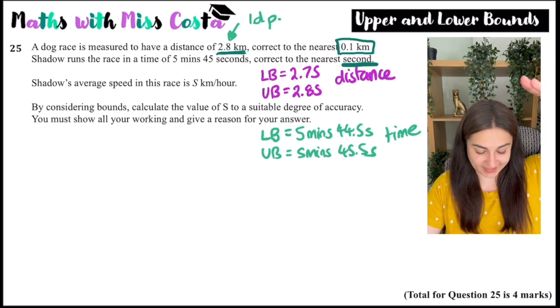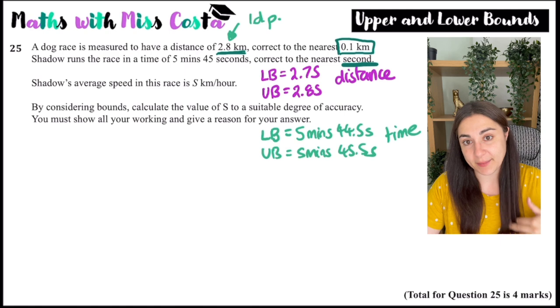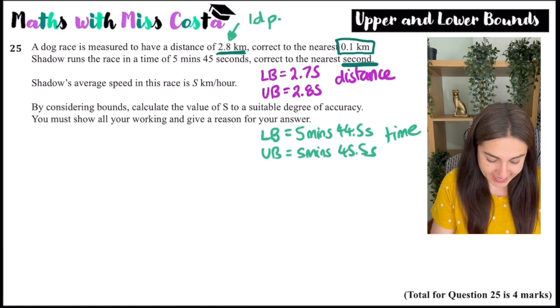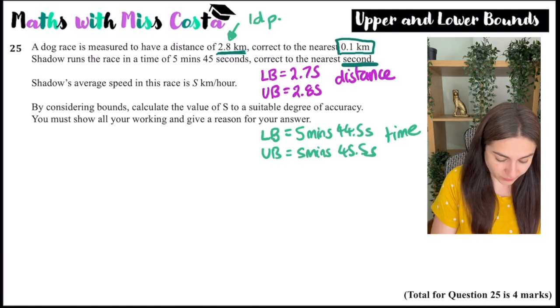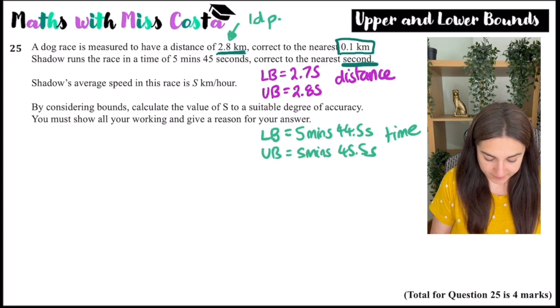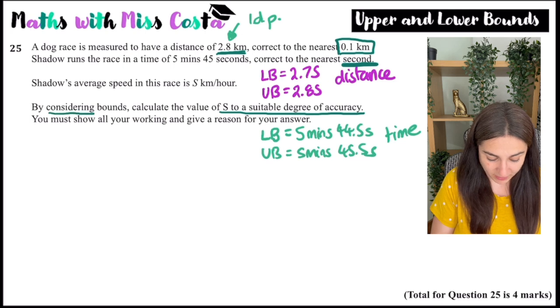So the distance is roughly 2.8 kilometers. The time is 5 minutes 45 seconds, correct to the nearest second. I've established my upper and my lower bounds, and now I need to work out the speed to a suitable degree of accuracy by considering bounds.